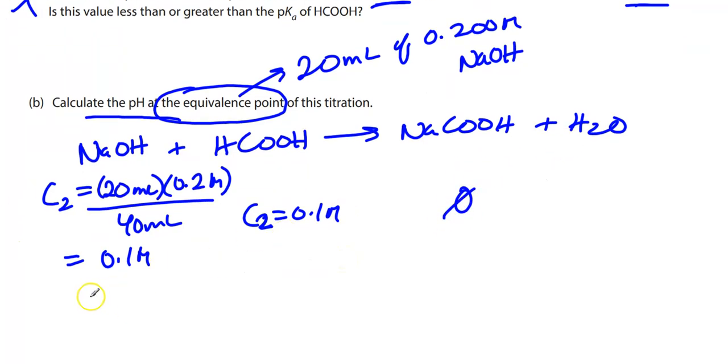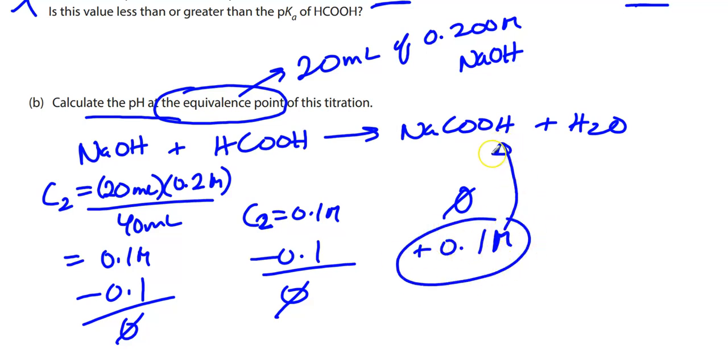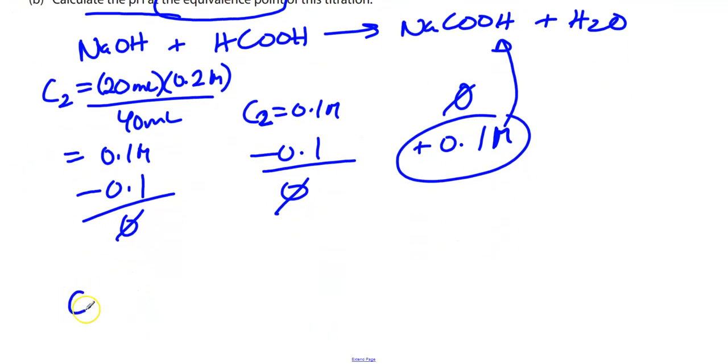Because they're equal, that means there's going to be no reactant left, right? But we are making that product. So now there is no weak acid equilibrium because the weak acid is completely gone. However, this 0.1 moles per liter of that weak base conjugate that has been made is going to hydrolyze with water.